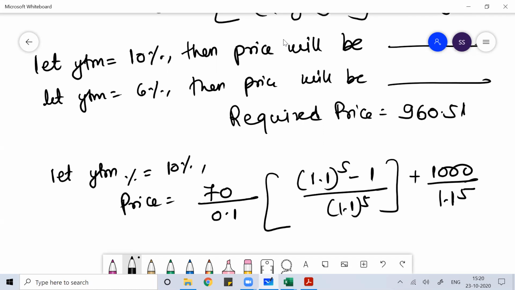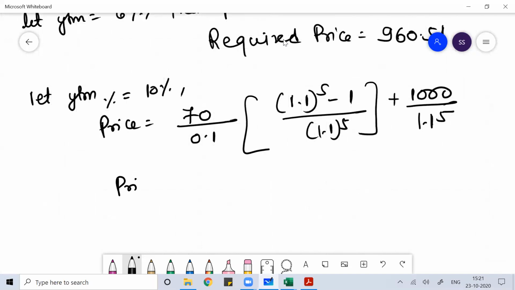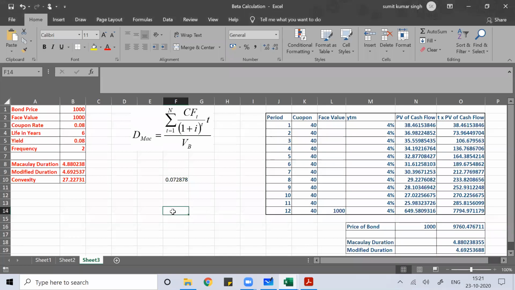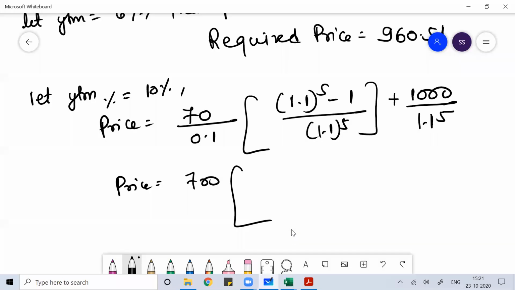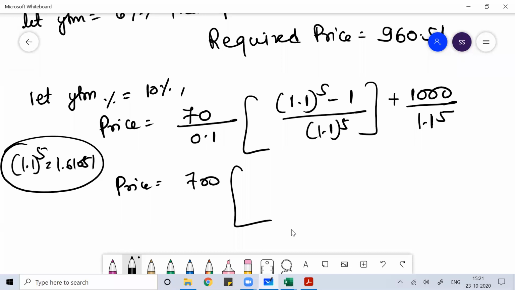Everyone understands, basic maths, 10% means 1.1. So 1.1 to the power 5 is 1.61051.